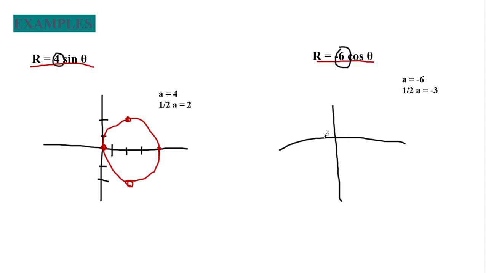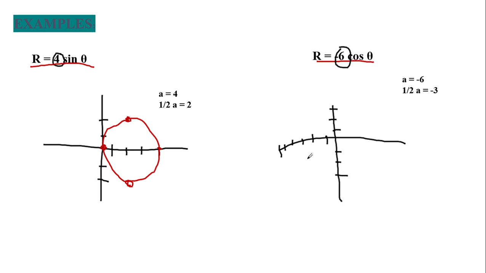Since it's negative, we travel here 1, 2, 3, 4, 5, and 6. Then half of a is negative 3. So we can travel up 3 units and also down 3 units.